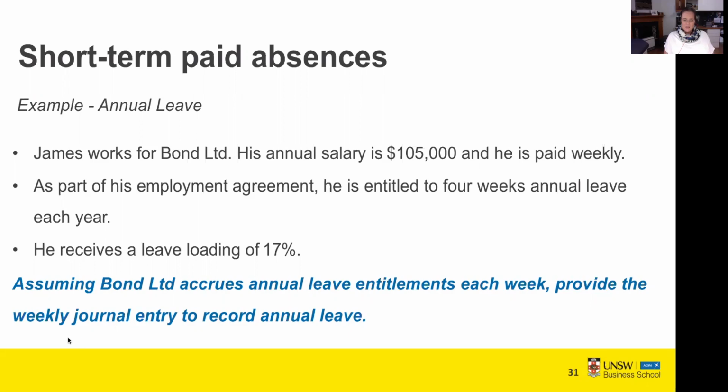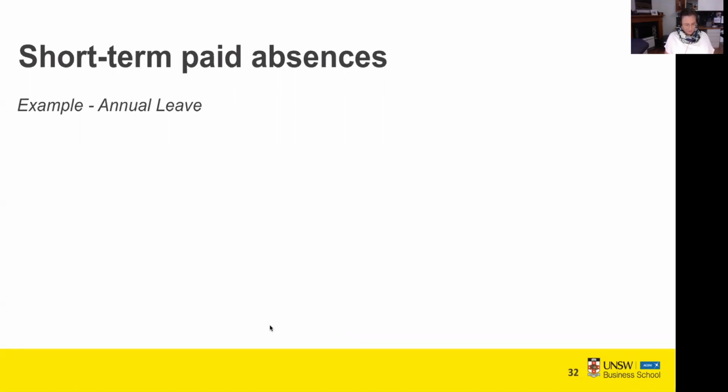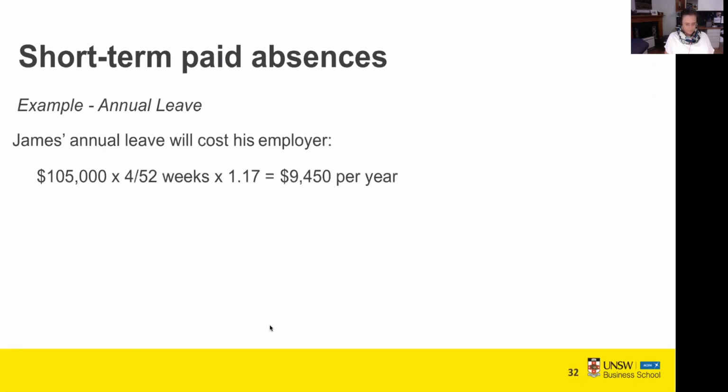It's asking us to work out what the journal entry would be to record the annual leave, assuming this company accrues their leave on a weekly basis. Okay, so let's have a look at the workings. His annual salary is $105,000, and he is entitled to 4 weeks leave per year out of a total of 52 weeks.